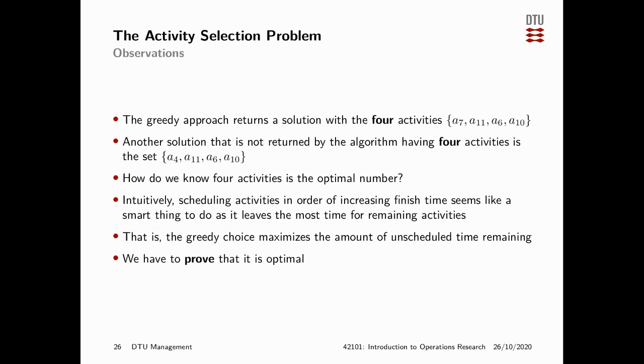You might remember at the start of the lecture, I said that a heuristic does not provide you a certificate of optimality, nor does it provide you a certificate of quality. So without a proof in this case, we have no guarantees as to the quality of this solution. So let's try and prove that this is in fact the optimal solution to this problem.